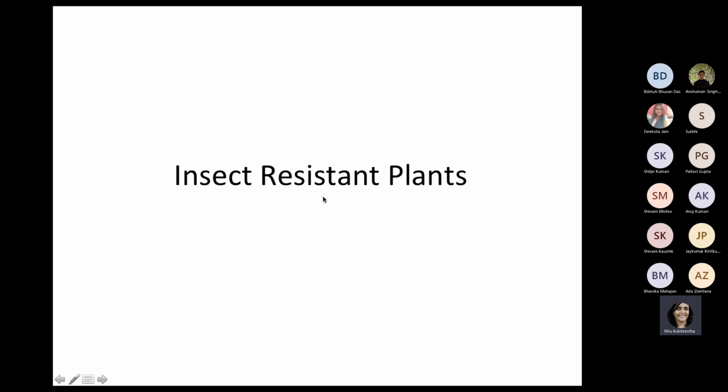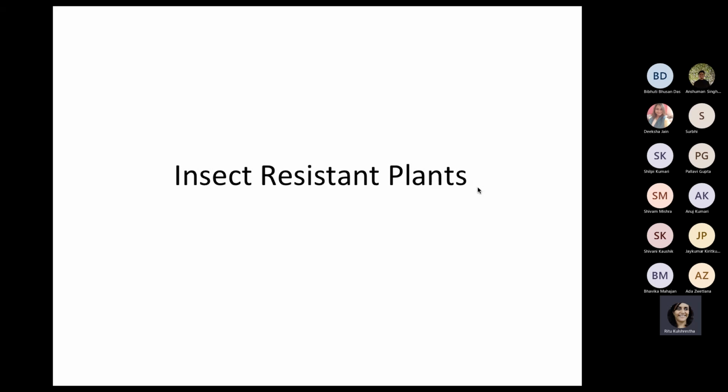So for insect-resistant plants, the need came into the picture because it was realized that many crops were damaged because of various insect infestations. So the idea was, can we make plants which are resistant to these insects?